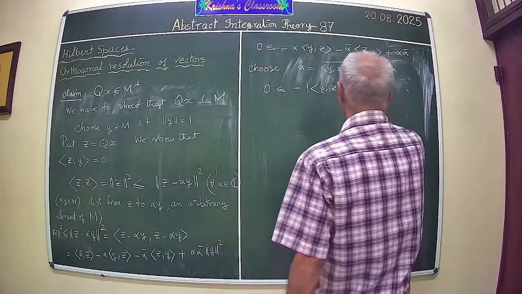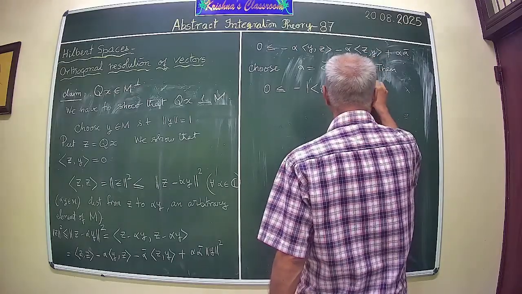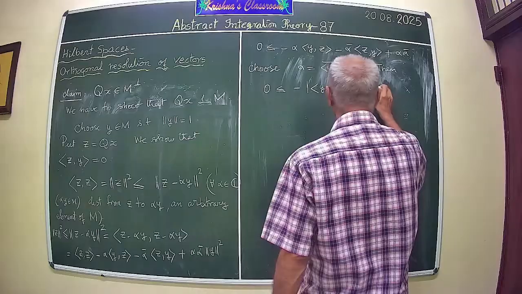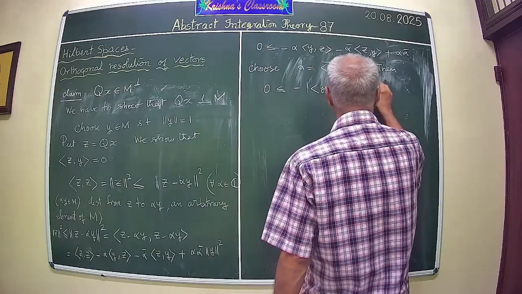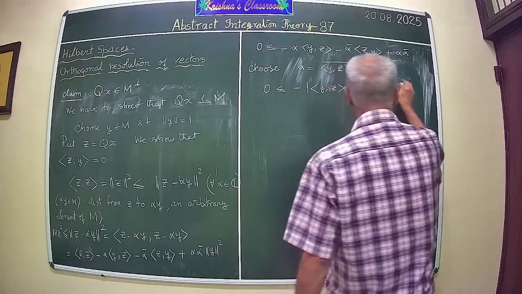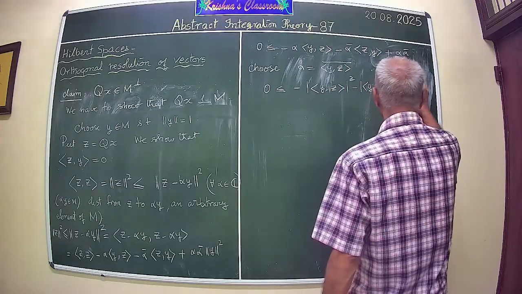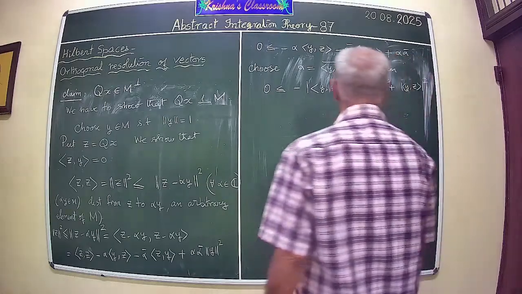Okay, this is equal to minus whole square. So they cancel out.